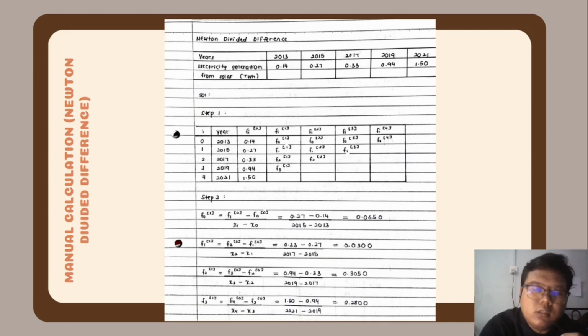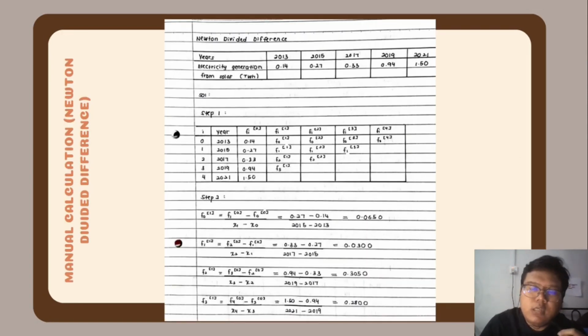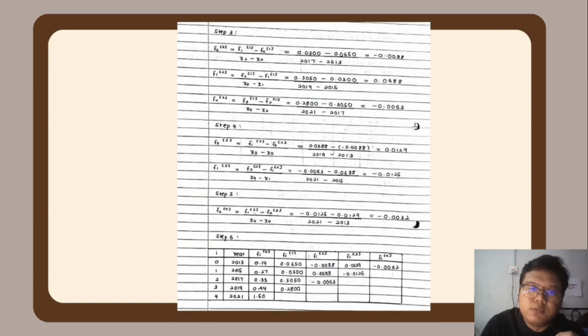We take 0.27 minus 0.14 divided by 2015 minus 2013, and we repeat the same step for the rest. For step 3, we need to find the second Newton divided difference, and we use the answers from the first Newton divided difference.